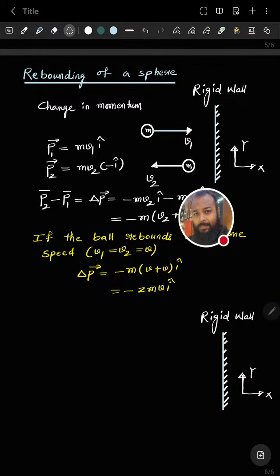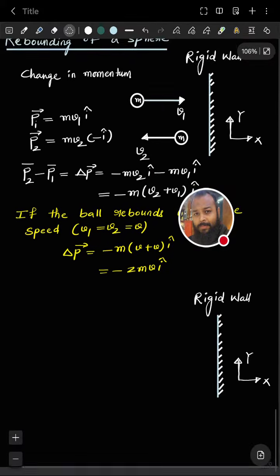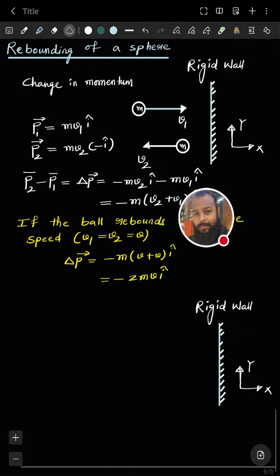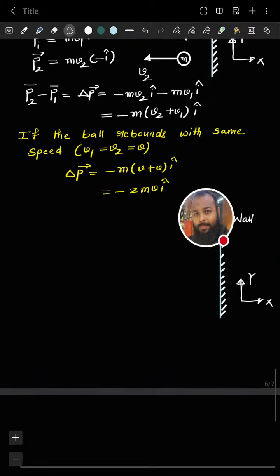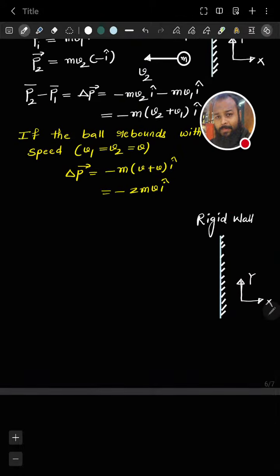So now this time, the same ball, but what is happening to this one? This time the ball will hit at an angle. Observe carefully, because this is going to be important in terms of finding change in momentum. It is hitting this way.